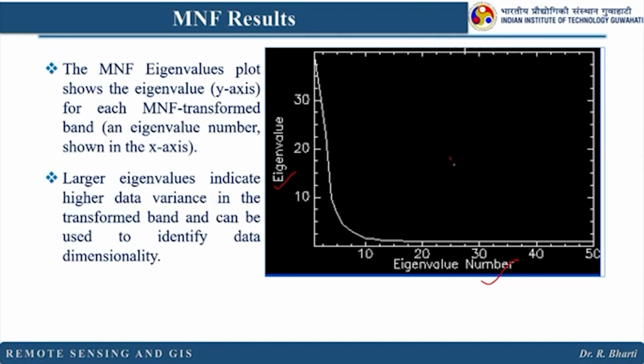So, this is one of the pieces of information. Based on that, we can identify the inherent data dimensionality of the input image, right. When I am talking about the input image, I mean all the bands, right. So, in case of a hyperspectral image, it will also contain 200 or 300 bands, right.